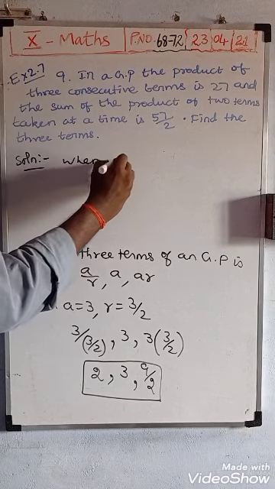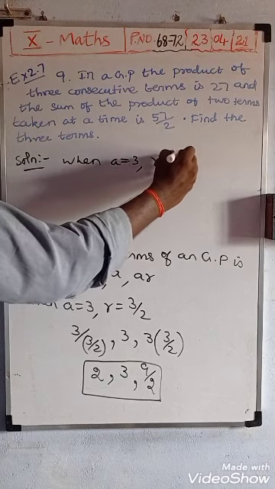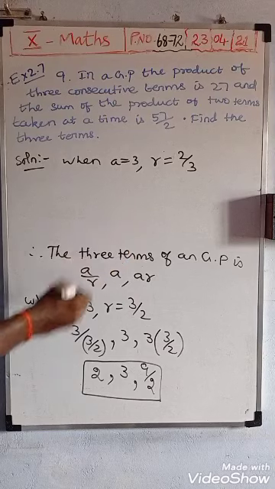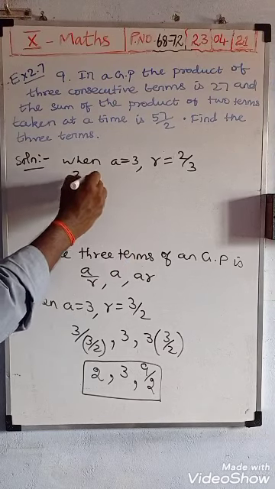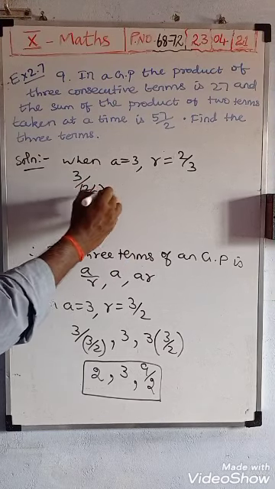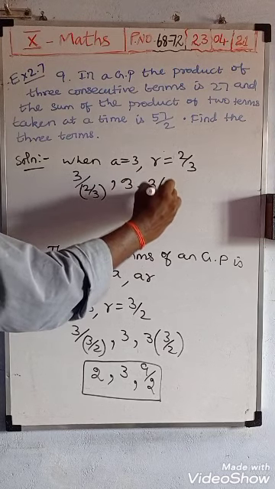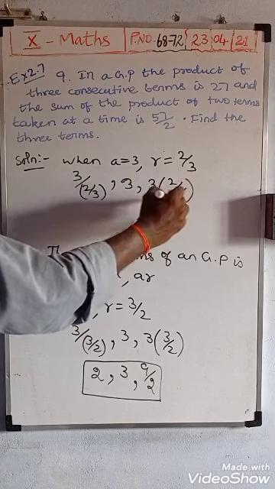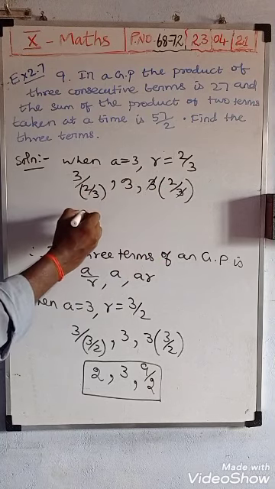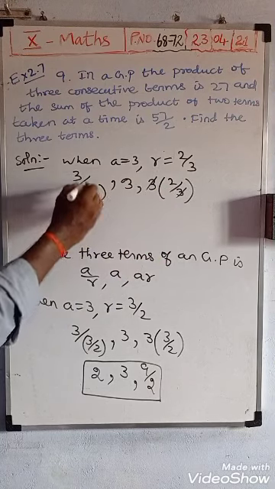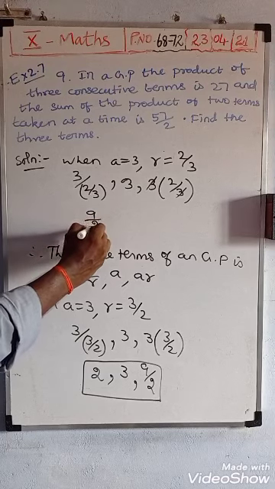Or else, when A is equal to 3 and R is equal to 2 by 3, substitute now. A is 3, R is 2 by 3. A by R is 3 divided by 2 by 3, so this 3 cancels with cross multiplication, and 3 3s are 9, so 9 by 2.